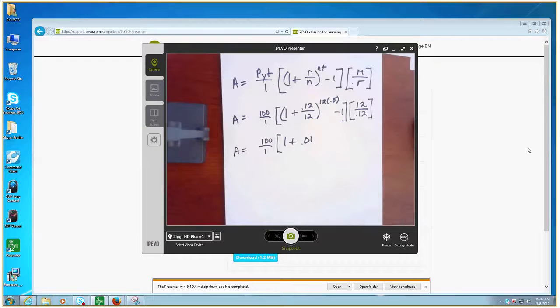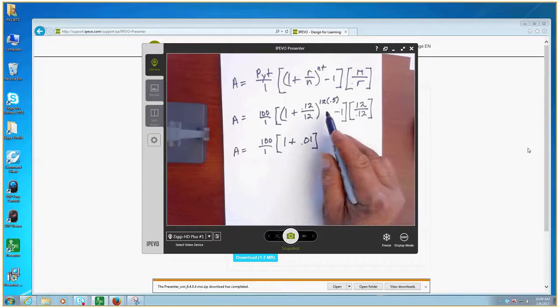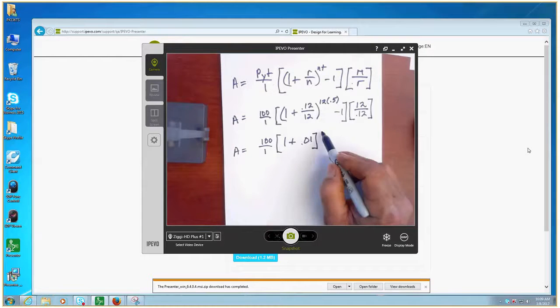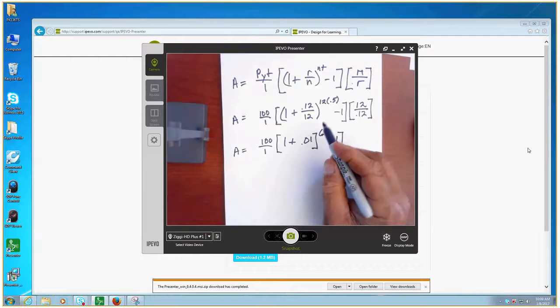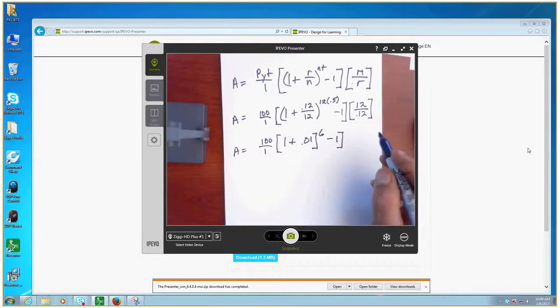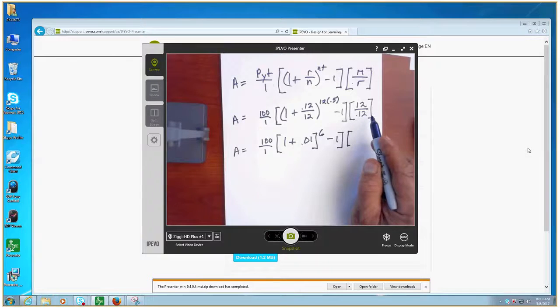That's not a calculator problem. What is half of 12? 6. 6, and that's minus 1. I messed up here. Okay, well, anyway. And multiplied by, now 12 divided by 0.12, you're going to have a 1, but you're also going to be what? 100.